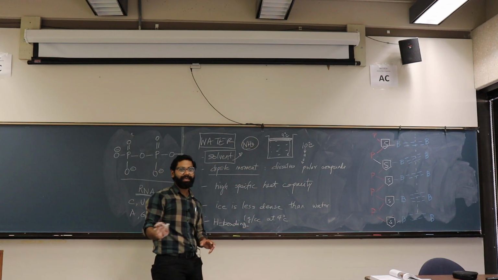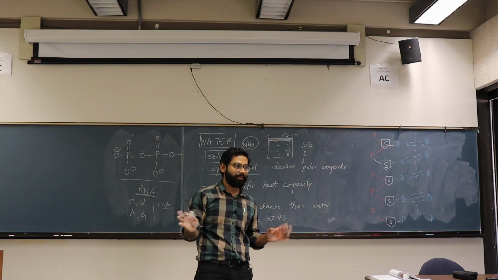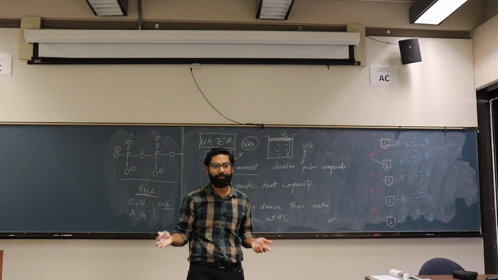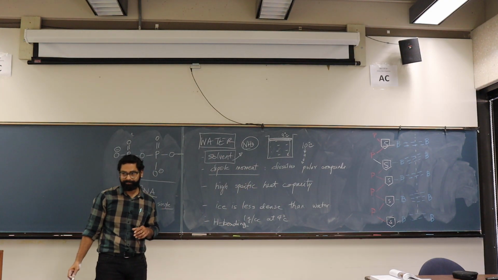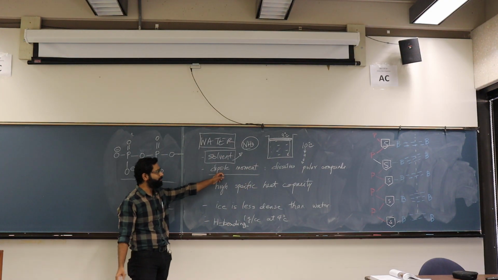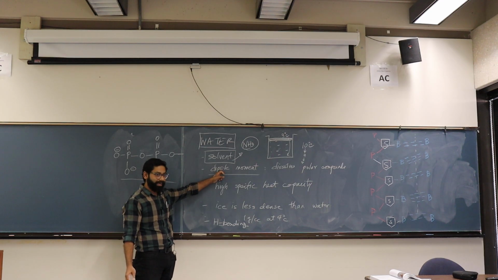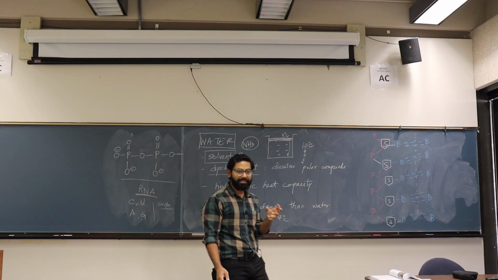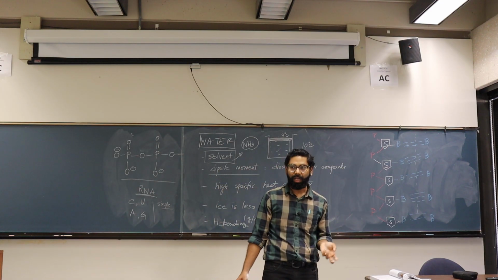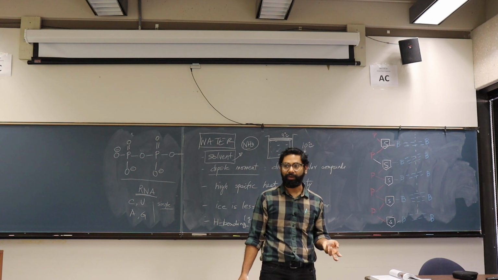So methane, ethane, those solvents that are there on Titan, not that likely, because they are non-polar. Ammonia comes a little close, because ammonia will have a dipole moment, right? It will dissolve materials. But the thing is, ammonia has a really low boiling point.